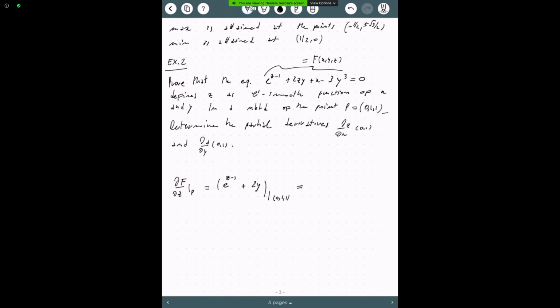So we do get 1 plus 2, which is different from 0. And this implies then that by the implicit function theorem, f implicitly defines a function z.